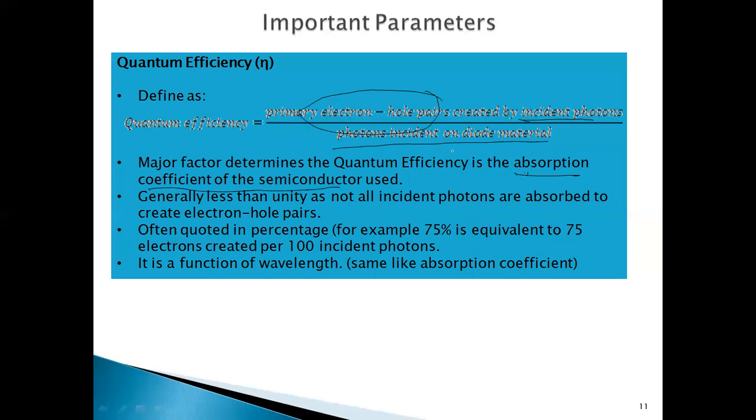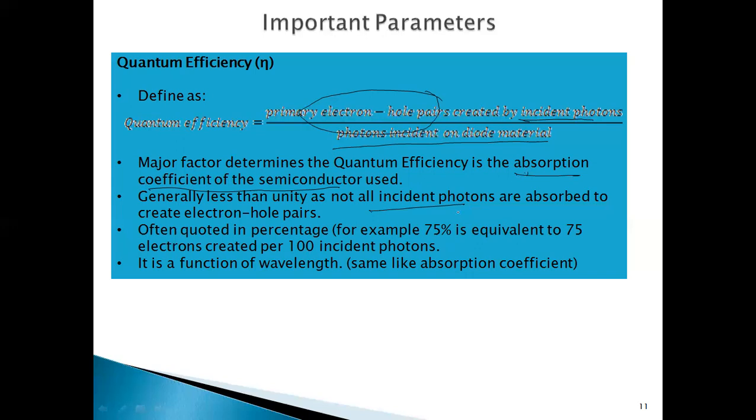Normally this value of quantum efficiency should be less than unity or less than 100%, because not all incident photons will be absorbed to create the electron hole pairs. We have the incident photons, but not all of these incident photons will create the carrier pairs. That is why we cannot get a 100% value of quantum efficiency.